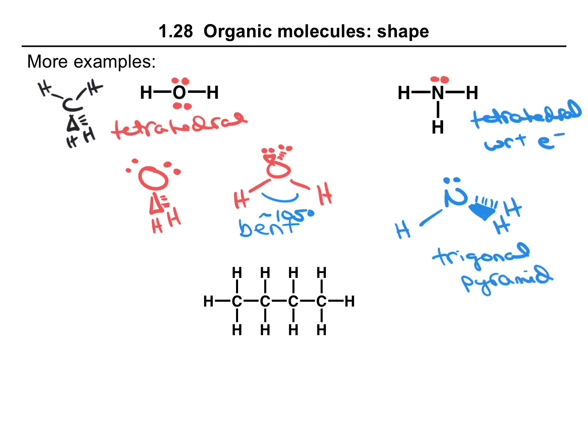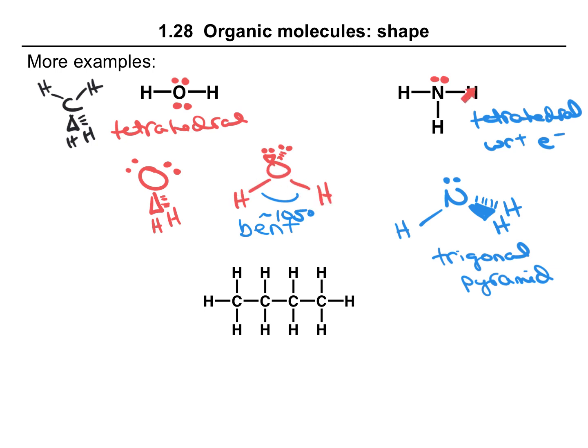So when you are considering the shape of molecules where there is a lone pair or more on a central atom, it's really important that you take that into consideration because those electrons are going to impact the shape, but then you also have to remember what is the corresponding shape with respect to the atoms. In the case of water, we are tetrahedral with respect to all of the electrons, but bent with respect to the atoms themselves.